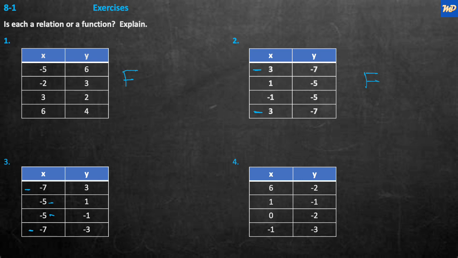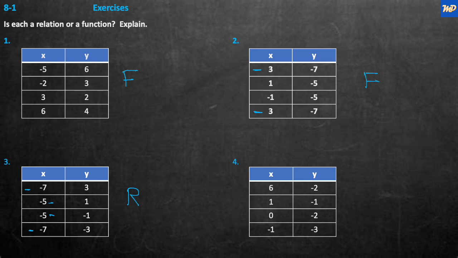Oops, not good for a function because -7 is going to -3 and -7 is going to 3. Right off the bat, I can tell you this is a relation. The -5s here go to two different values also. So both of these prove out to be a relation and not a function.